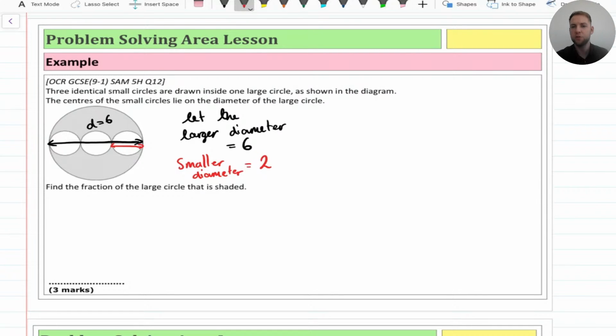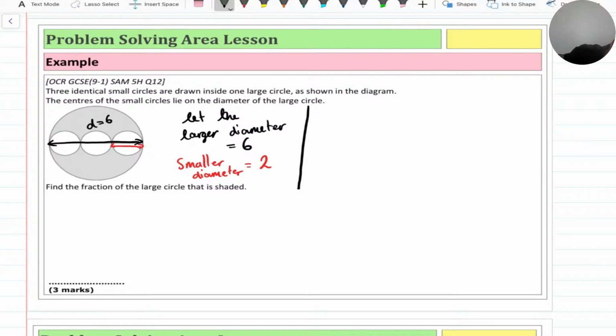So if I'm trying to find the area of the shaded, which I am, to find the fraction of the larger circle that is shaded, I need to do the area of the full circle, take away the area of those little circles. So let's do that first of all.